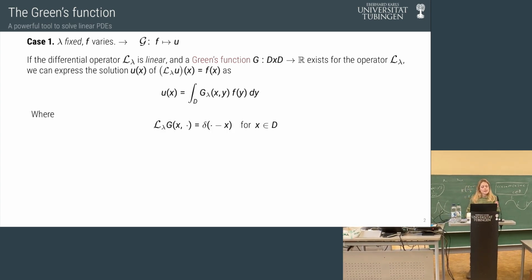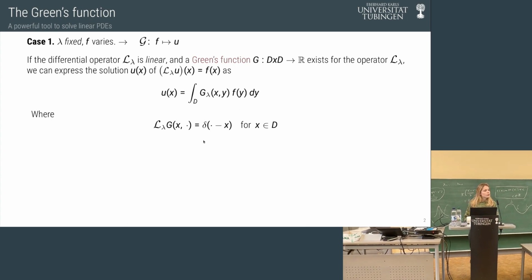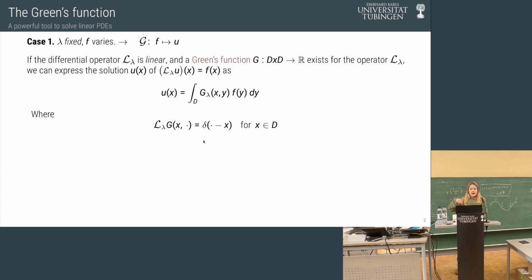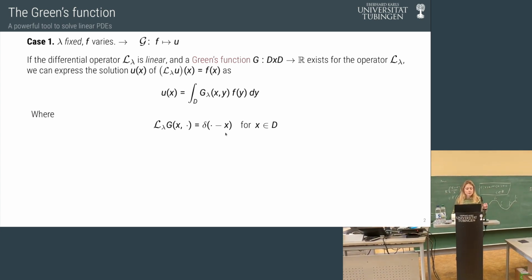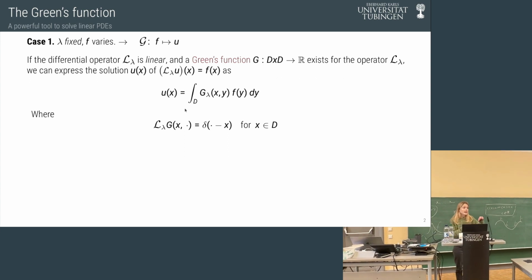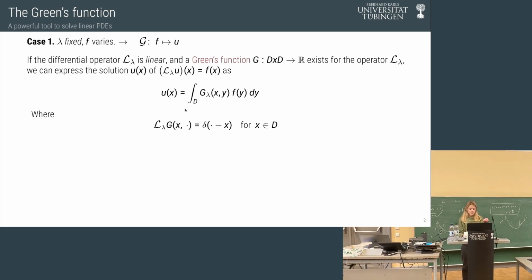The Green function is defined as the impulse response of the operator: when I input an impulse, a delta function, it gives me the Green function. Then, by the superposition principle, I can construct a solution by integrating over the domain against my right-hand side function.